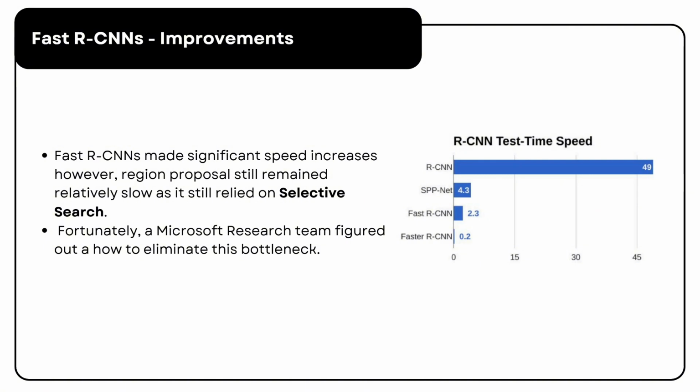So how did they achieve that? A team at Microsoft Research realized that if selective search was the bottleneck, the solution was to replace it with a learnable component inside the neural network itself. And that's how they came up with the idea of the Region Proposal Network, or RPN. Later on, we can discuss this in the next slide.